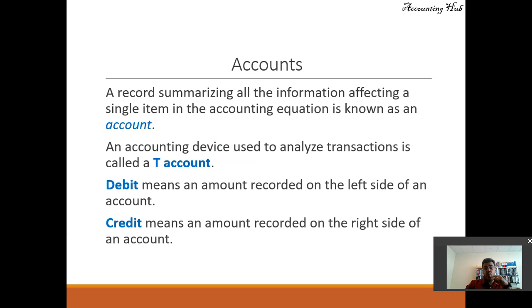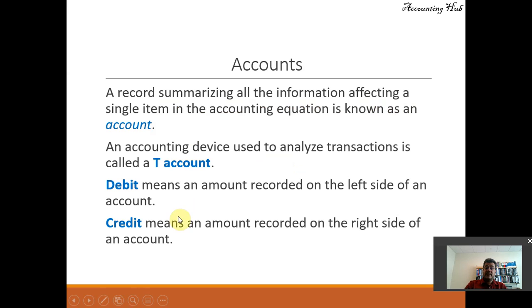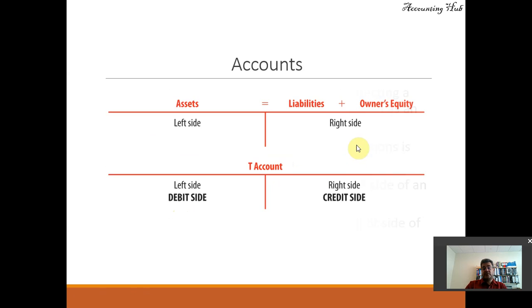And what do debit and credit mean? A lot of instructors talk a lot about what is debit, what is credit, and so on. But we can summarize: debit means an amount recorded on the left side of an account. Credit, an amount recorded on the right side of an account.